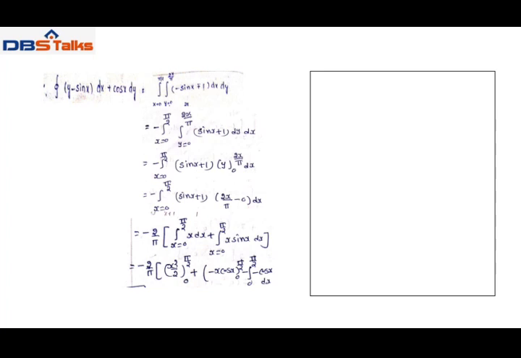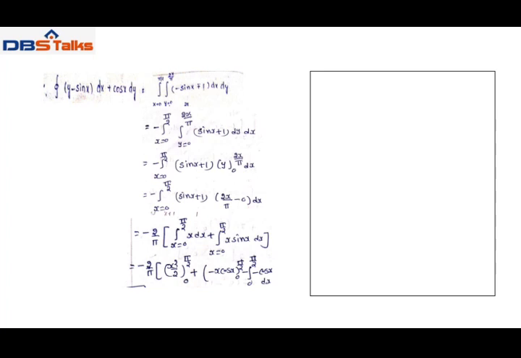So, in this integration 2 by pi is a constant. So, writing without integral, minus 2 by pi integral x equal 0 to pi by 2 of x into 1, that is x dx, plus integral 0 to pi by 2 of x into sin x dx.